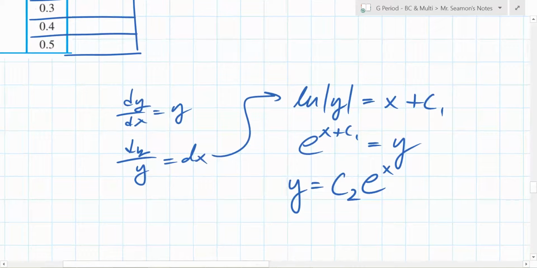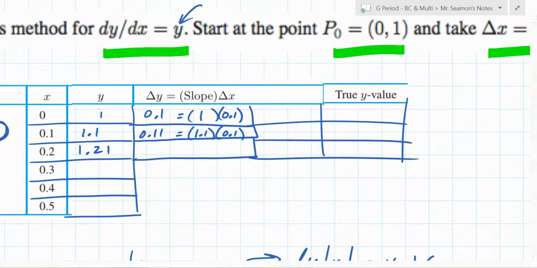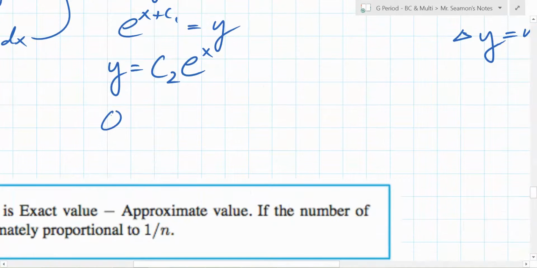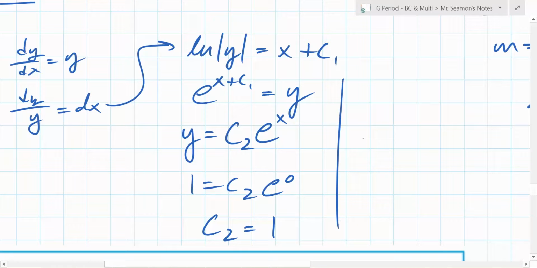Can we solve for the c2? Yes. Because we have what? What is this called? Initial condition. Yeah. So we know when x is 0, y is 1. So we have 1 is equal to c2 e to the 0. So what does c2 have to be? 1. So we know it's actually the function y equals e to the x.